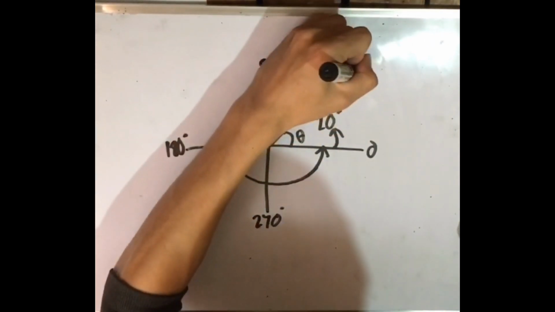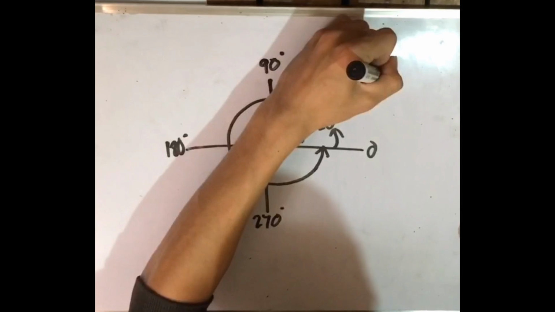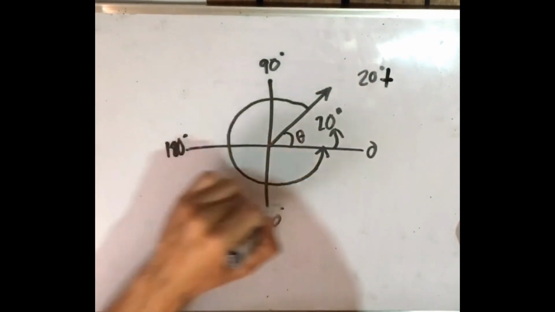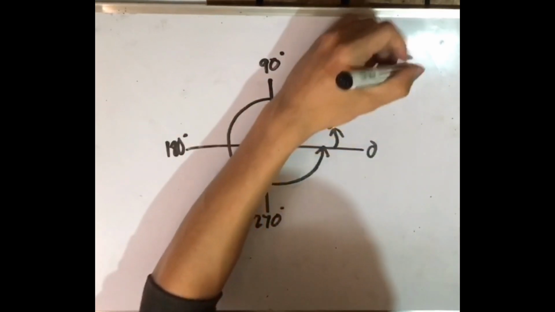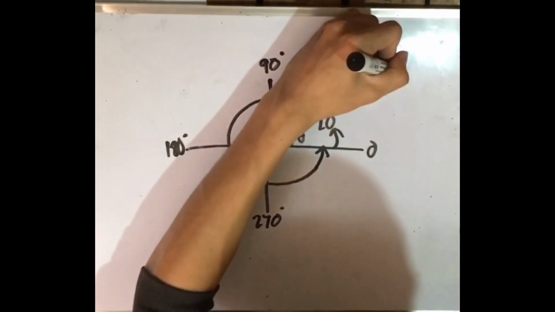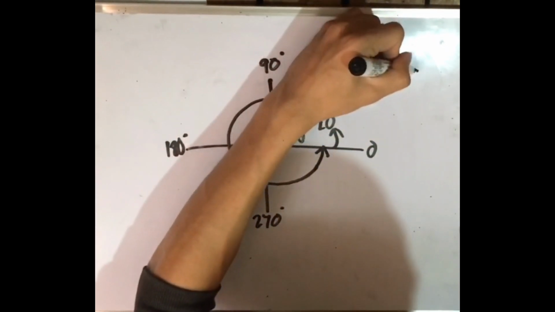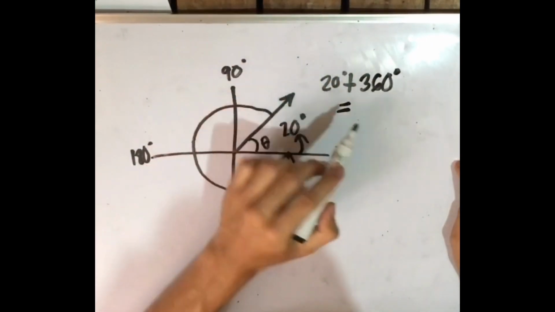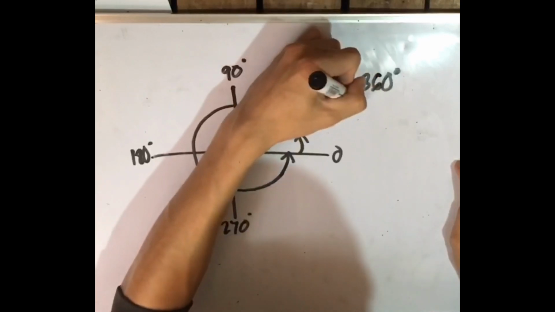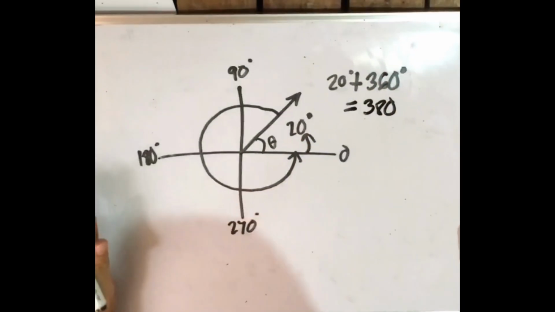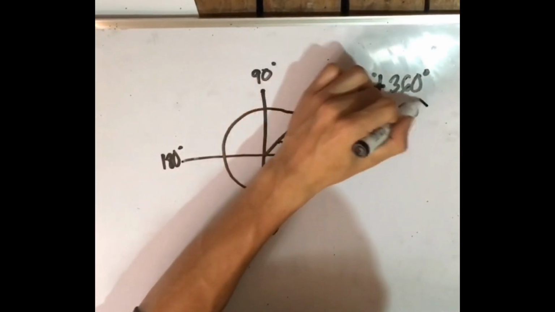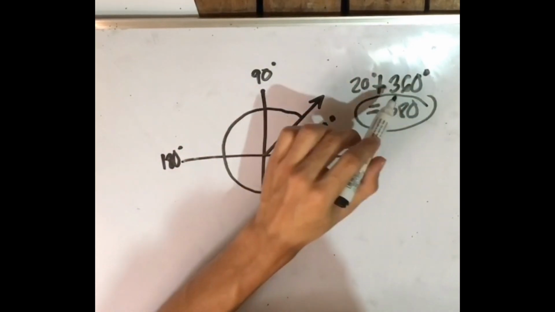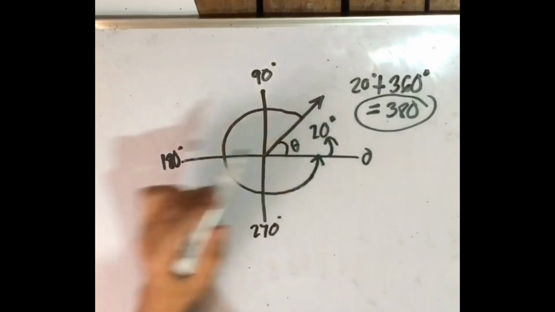So 20 degrees plus, since this is a full turn in the positive direction, 360. It equals 20 plus 360, which is 380. So 20 degrees plus 360 is 380.